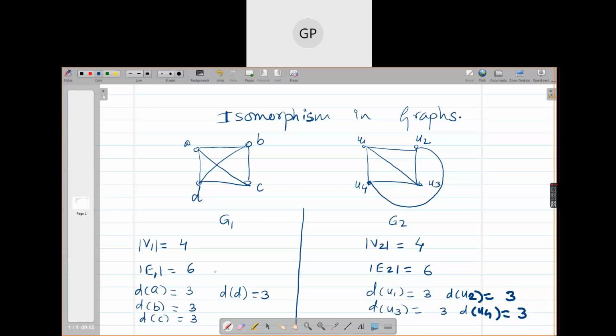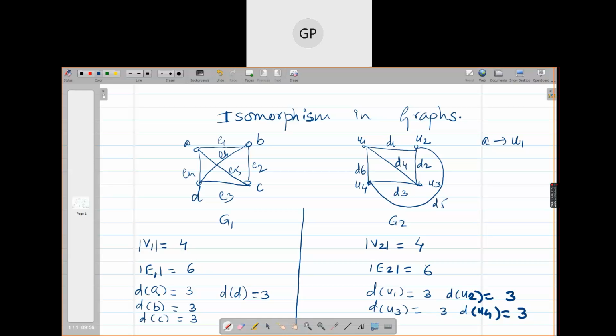Now see, if I find a mapping A to U1, then A is adjacent with all the other vertices of G1, B, C, D. If I give names to the edges, E1, E2, E3, E4, E5 and E6, and similarly here I give the names D1, D2, D3, D4, D5 and D6.